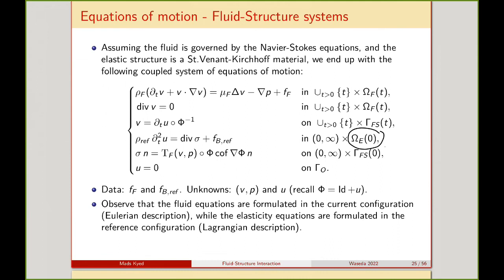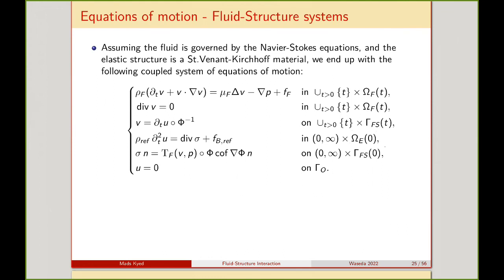Then once you define the u, then you can define the omega e of t, right? Yeah, exactly. But then what you have to prove is that omega e sub t is the container minus omega f sub t or something like that.